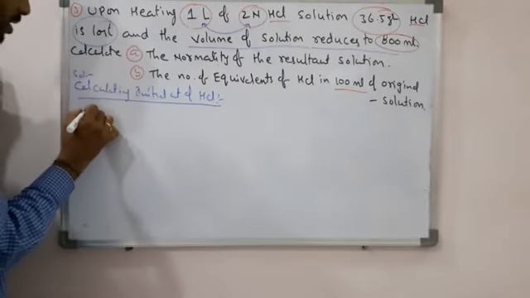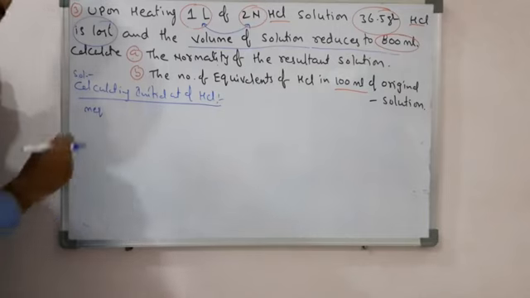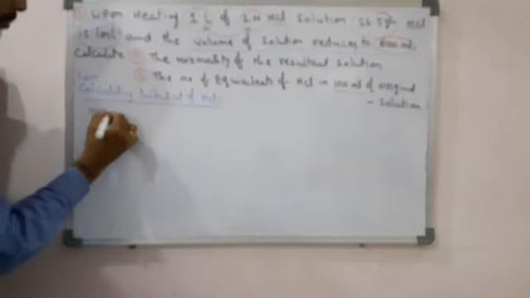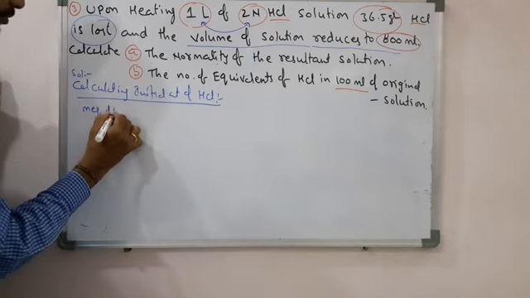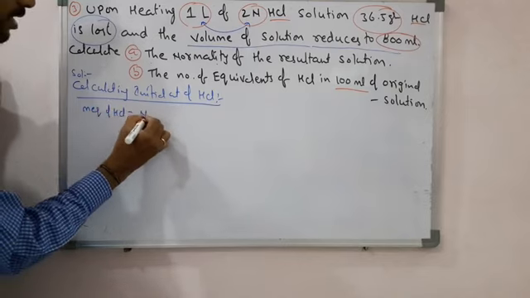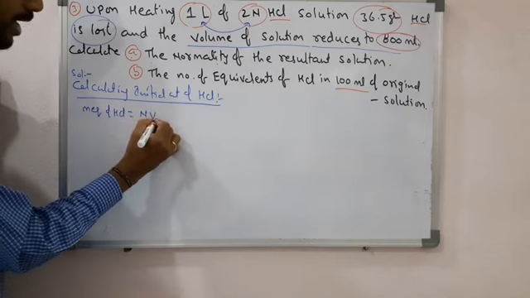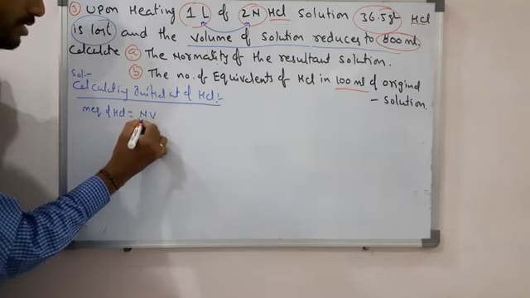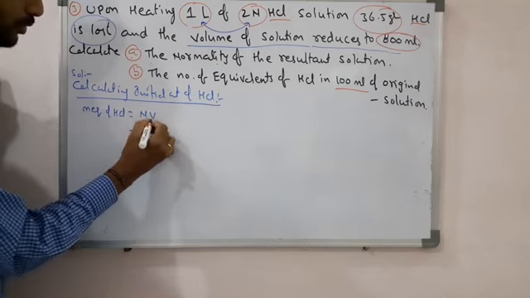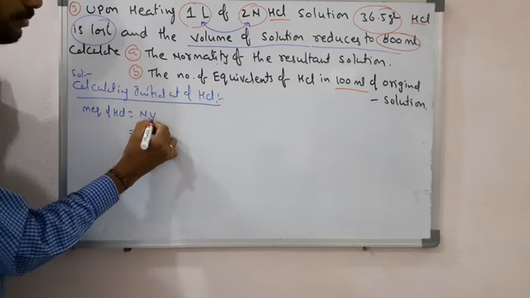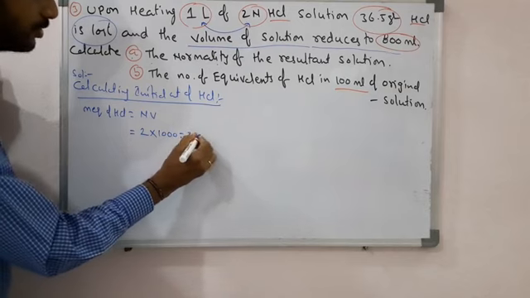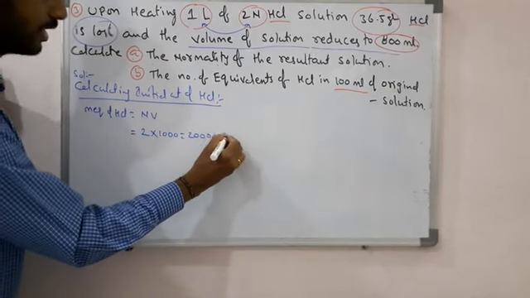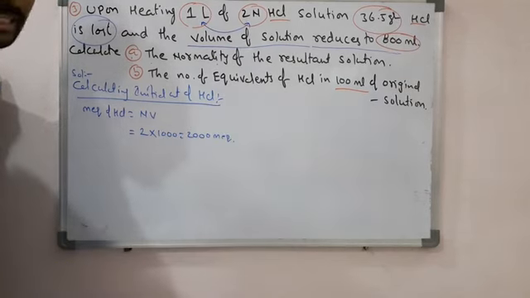So what are the milli equivalents? Milli equivalents of HCl equal its normality into volume in milliliters. The normality is 2, and the volume in milliliters is 1000, equal to 2000 milli equivalents of HCl present initially.